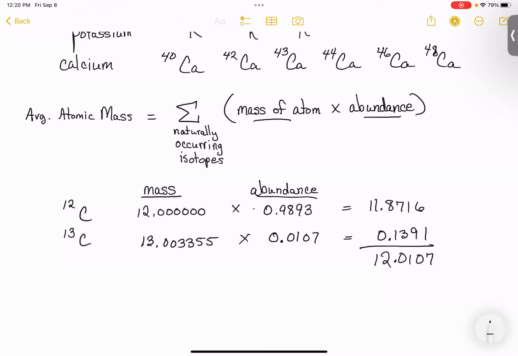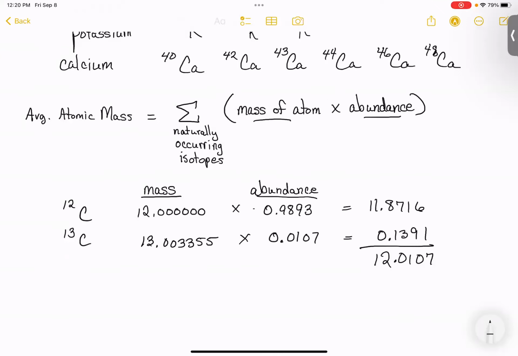I don't know if you were mentioning, is there a way to find abundance? Okay, so as far as the abundance, what we do is we find the percent abundance using a mass spectrometer. It's an instrument we use. I actually don't know the abundances myself.